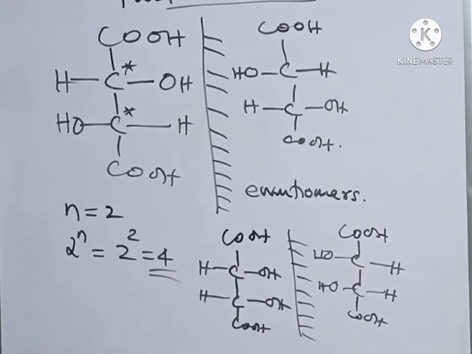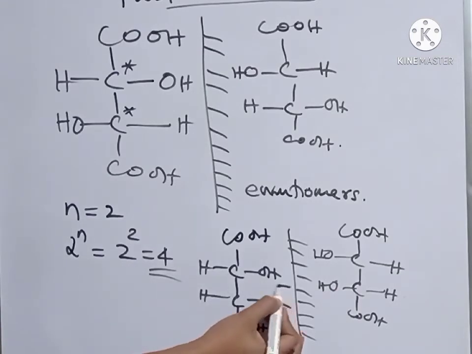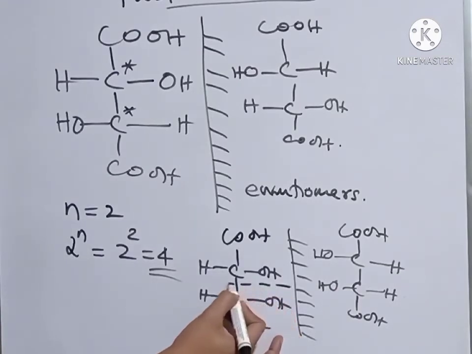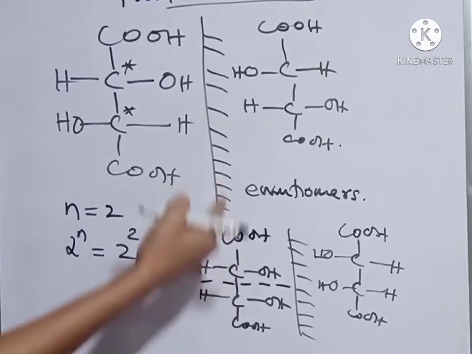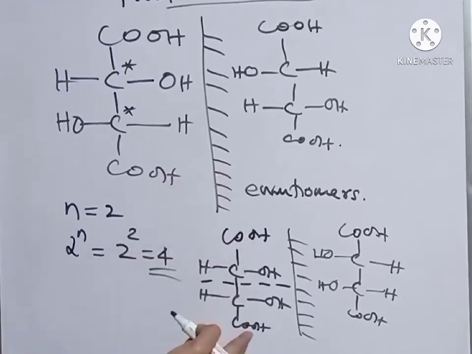But that is not true. These two structures are not related as enantiomers, because if we clearly look at these structures, we can see a plane which is passing through this bond will cut the molecule into two identical halves.